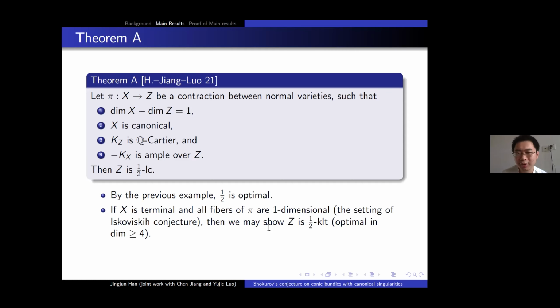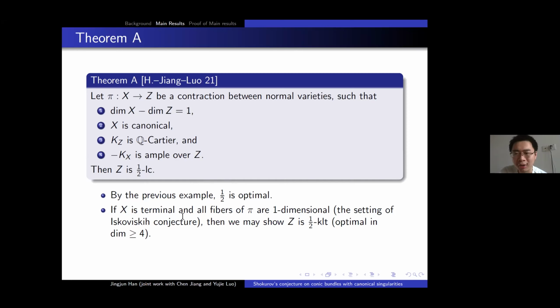I would like to remark that if X is terminal and all fibers of π are of dimension 1, just like in the setting of Iskovskikh's conjecture, which requires that the dimension of the fiber is equal to 1. Here in our Theorem A, there is no assumption on the fibers of π.